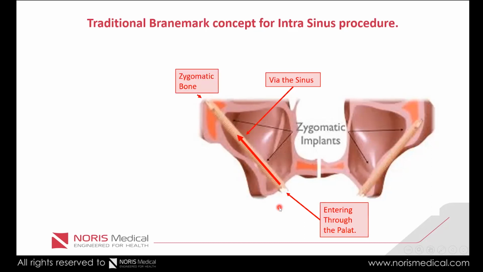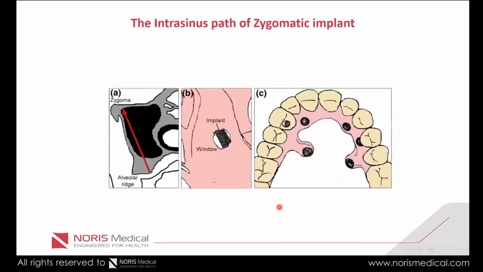Where actually, in this case, the surgery requested opening a window because basically the surgeon is blind. He cannot see what he's doing. So a window was supposed to be opened for the surgeon to peek inside and try to find out where to enter the implant.